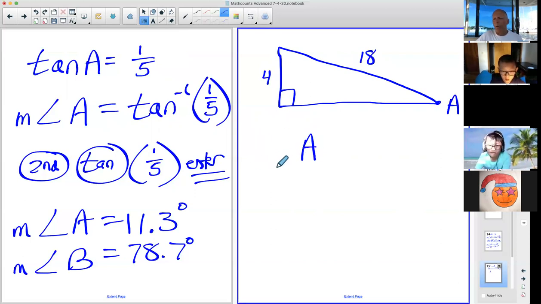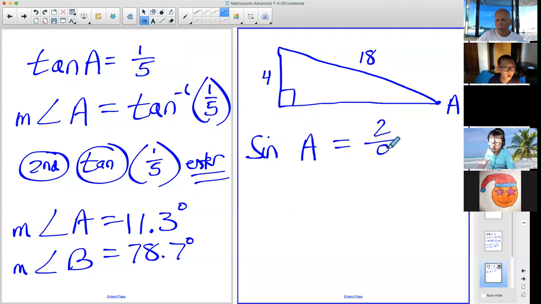Which ratio? Sine. Okay, so the sine of angle A equals what? The sine is 4/18 or 2/9. Therefore, the measurement of angle A, Ray only, is what?